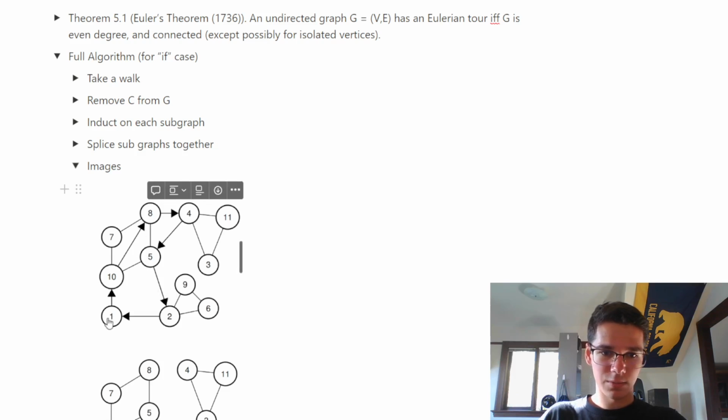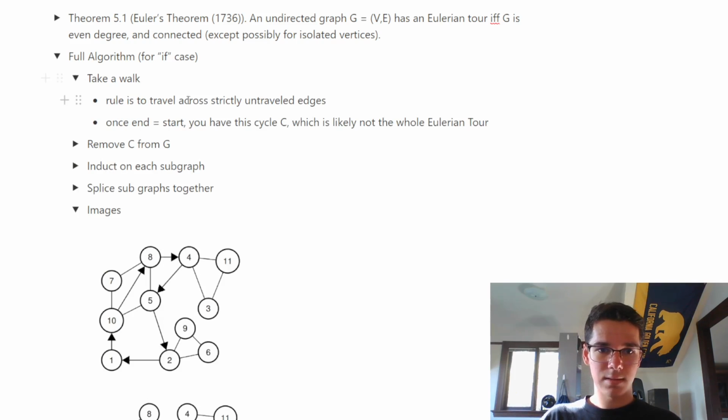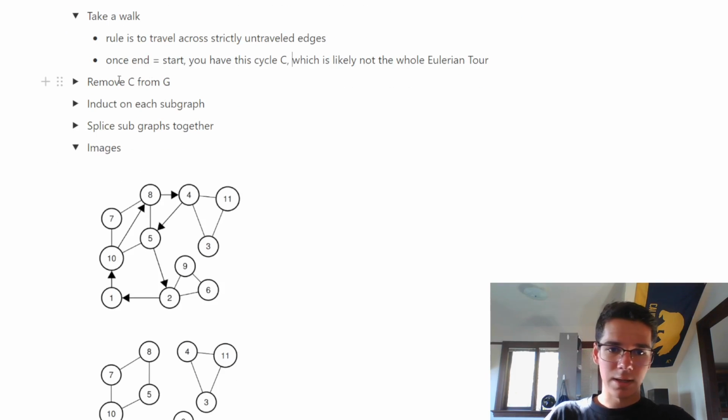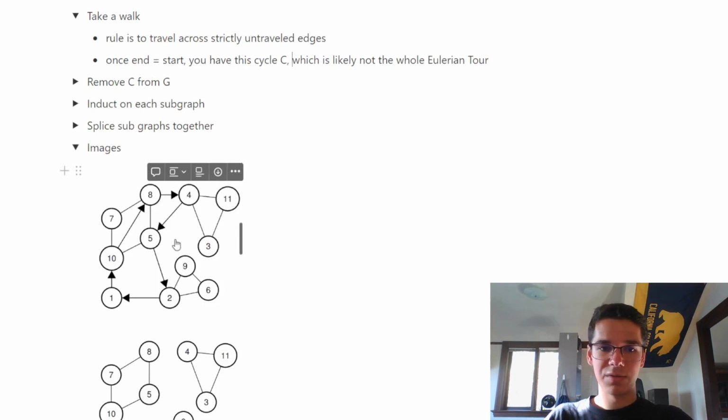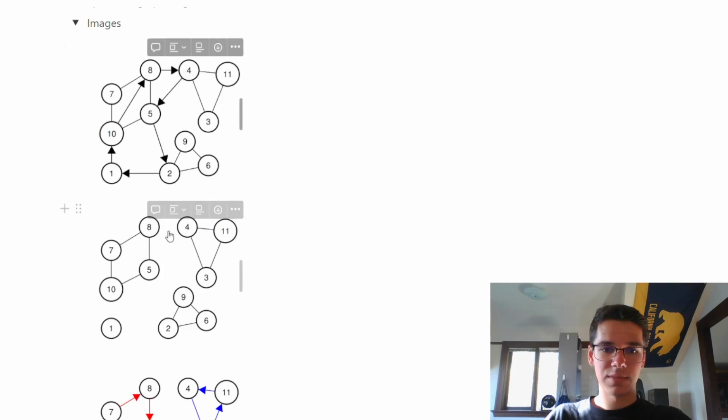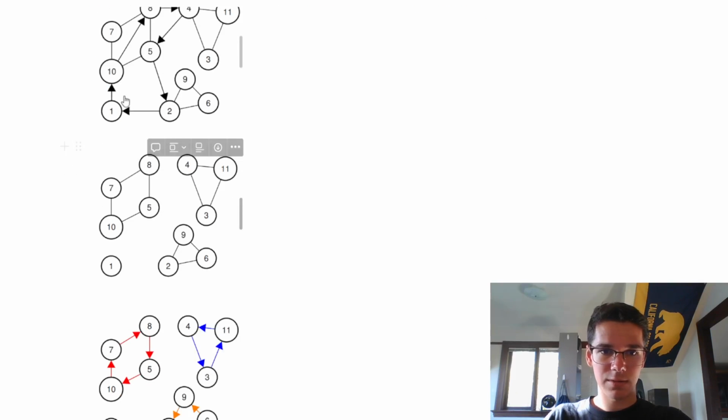Say 1 is the start, and we take some arbitrary walk through the graph, and we end up where we started, which creates a cycle. That cycle is going to be labeled as C. What we do now is remove all of the edges in C from our graph G. Notice how all of these edges are now gone.